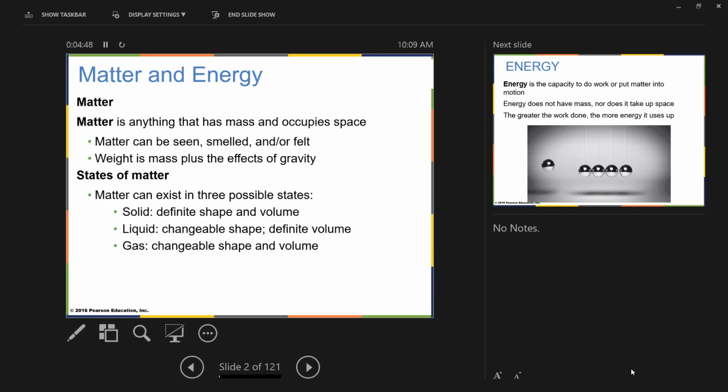If you went into space with one of them or with NASA, you would be in orbit. You would be essentially weightless, but you would still have your mass. Weight is mass plus gravity.